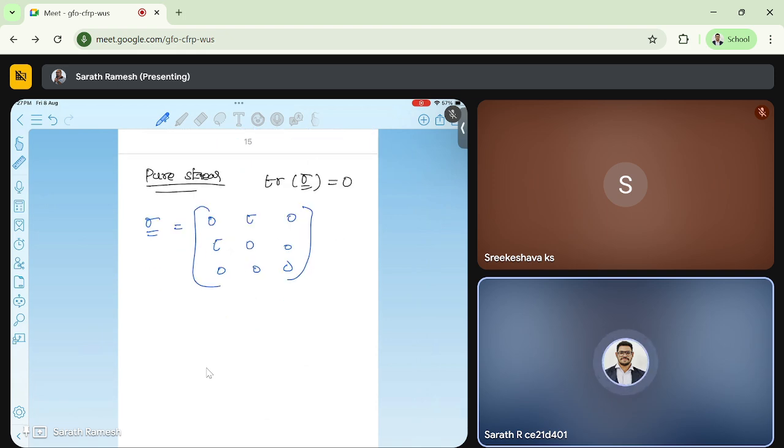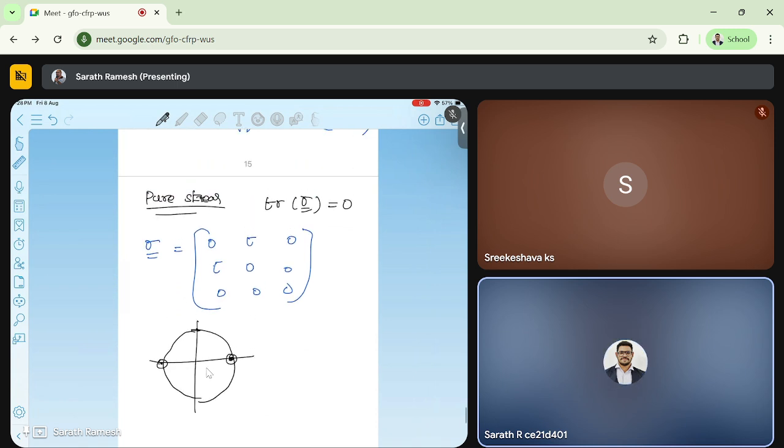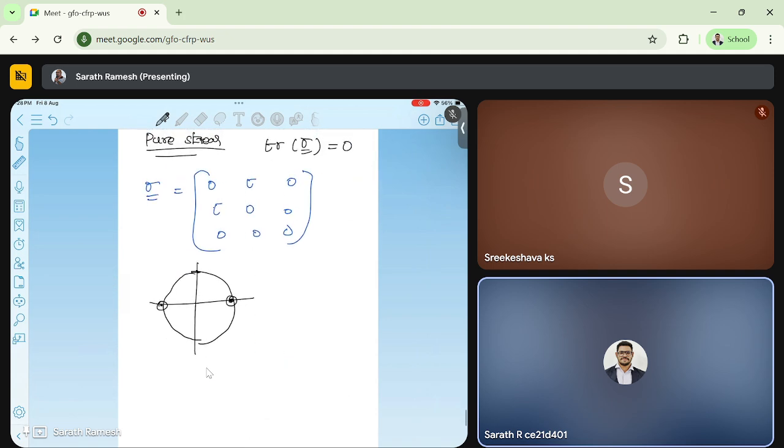This doesn't mean there is no normal stress, because if you draw the Mohr circle, sigma xx is 0 and sigma yy is 0, but there is a tau, so we get a circle like this. And here there is a normal stress. So there is a plane where normal stress will be present. It need not necessarily be 0. Fine, so this is regarding the state of stress.